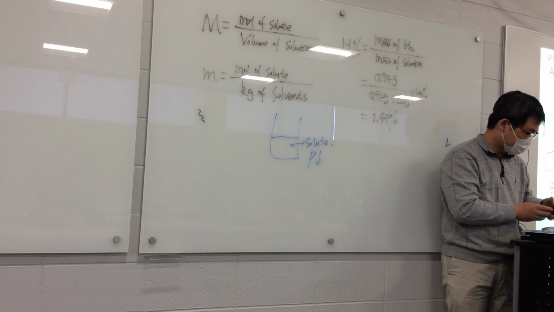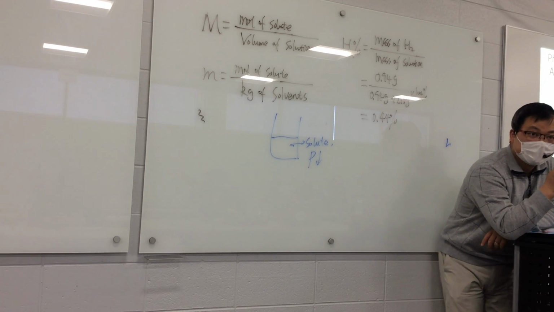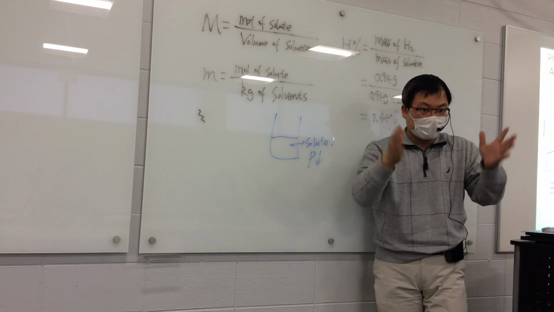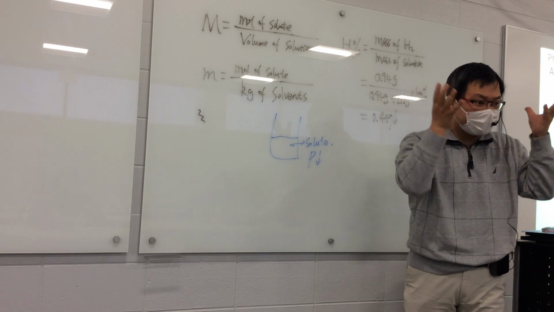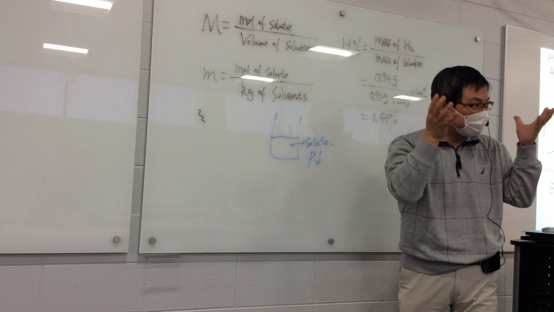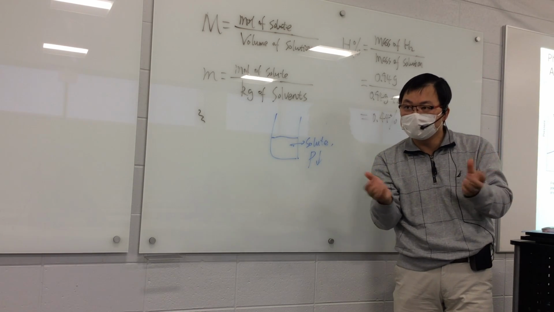Right? So you add sodium chloride and calcium chloride, and then sodium chloride and calcium chloride and water form a mixture. And this mixture has a lower freezing point. That means it will stay as a liquid below 0 Celsius degree.